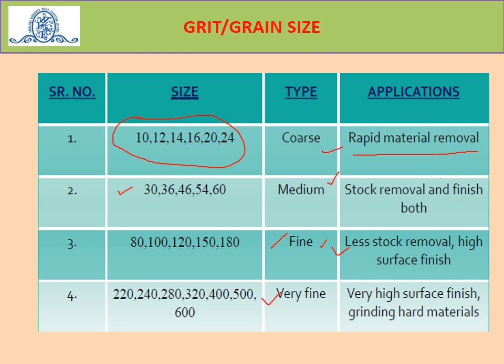Very high surface finish is required, and hard materials are ground. Whenever there is a requirement of high surface finish, or someone wants to grind a very hard material, we can use the very fine grit. So these are the different types of grain sizes: coarse, medium, fine and very fine, and you can see the different applications required for the different grain sizes.